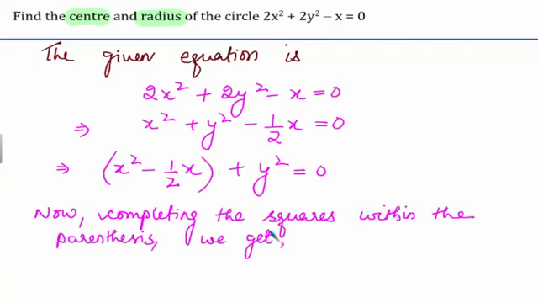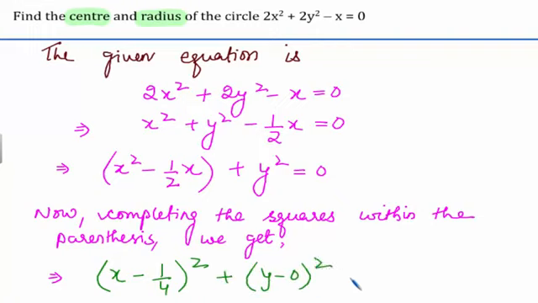Now completing the squares within the parenthesis, we get x minus 1 upon 4 whole square plus y minus 0 whole square is equal to, now on expanding the first bracket we see that we have x square minus 1 upon 2 into x plus 1 upon 16.